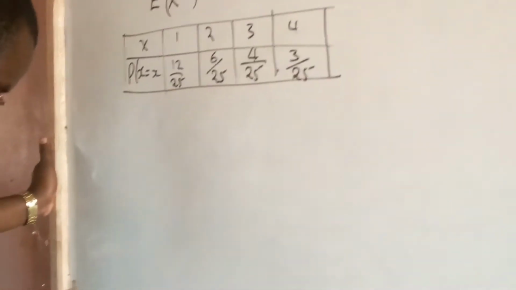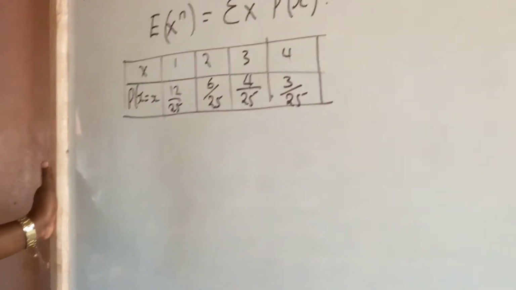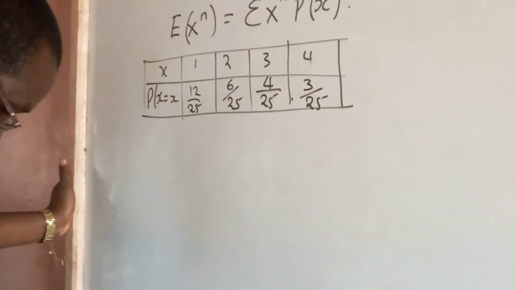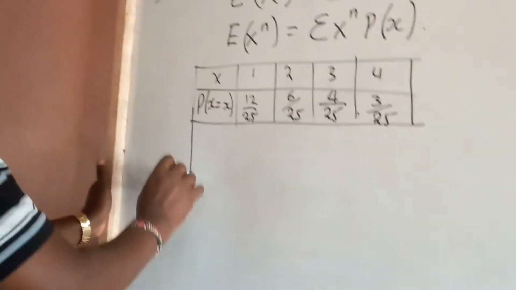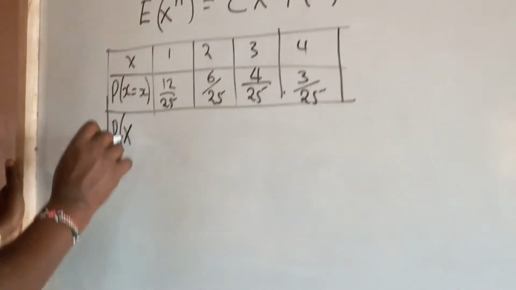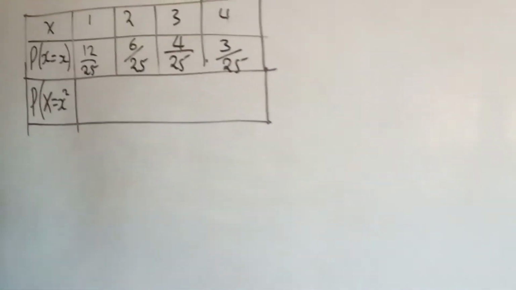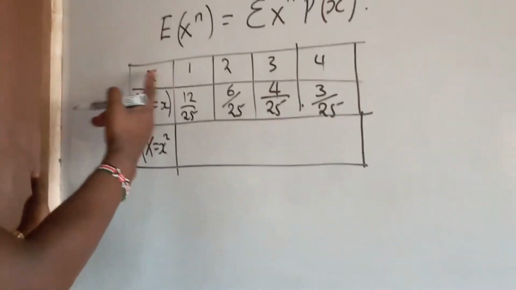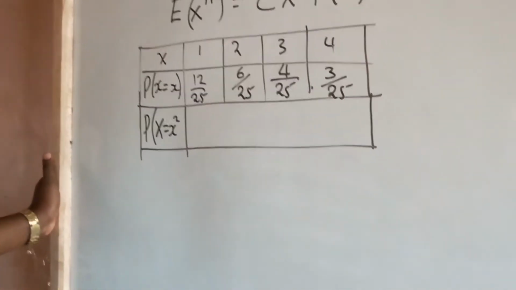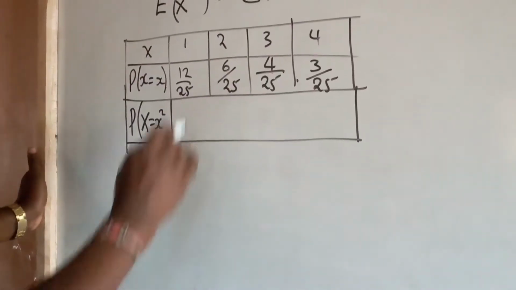So the question is, write down the probability distribution for x squared. And listen to this. The probability distribution of X when it is equal to x squared does not change, because all we have to do is simply square the x, and the probability of each one of them remains exactly the way it is.